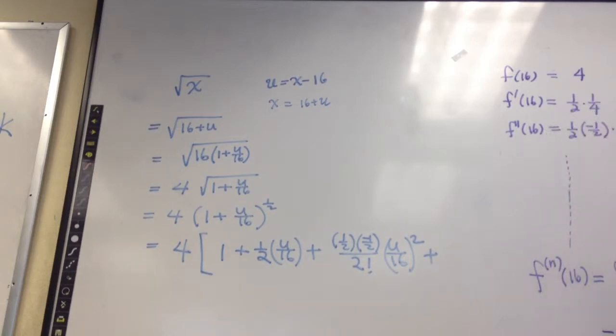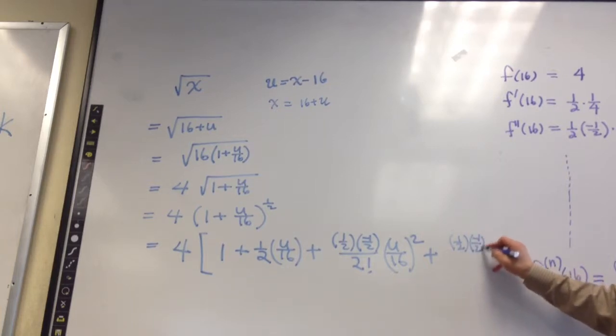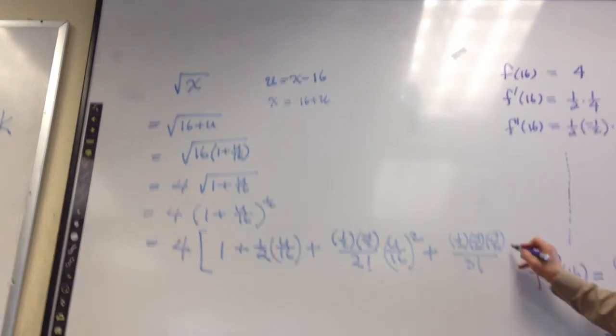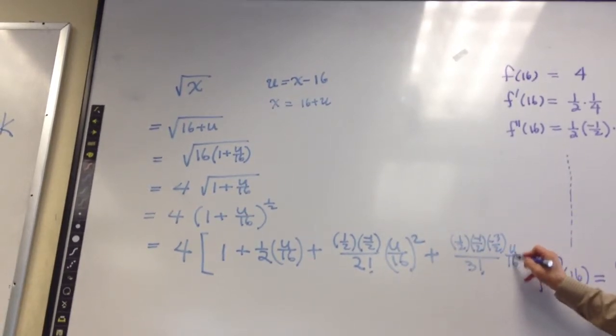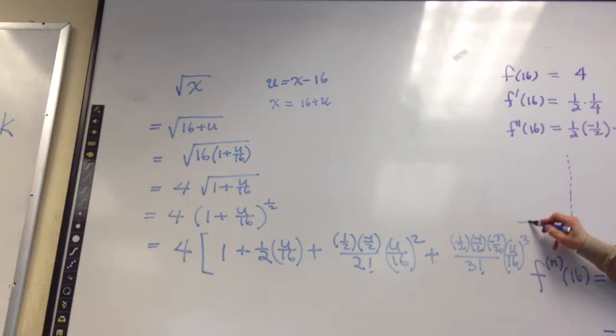Plus 1/2, negative 1/2, negative 3/2 over 3 factorial, u over 16 to the third power, and so on, plus dot dot dot.